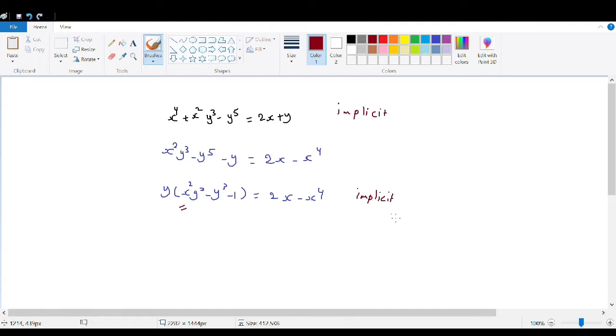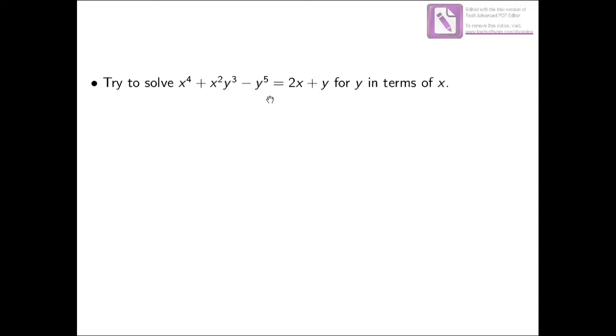So we cannot rewrite any implicit function as an explicit function. Some functions you may rewrite and convert from implicit to explicit, and some others you cannot do it like that. Where y^3 - y^5 = x + y, solving for y in terms of x will be difficult.